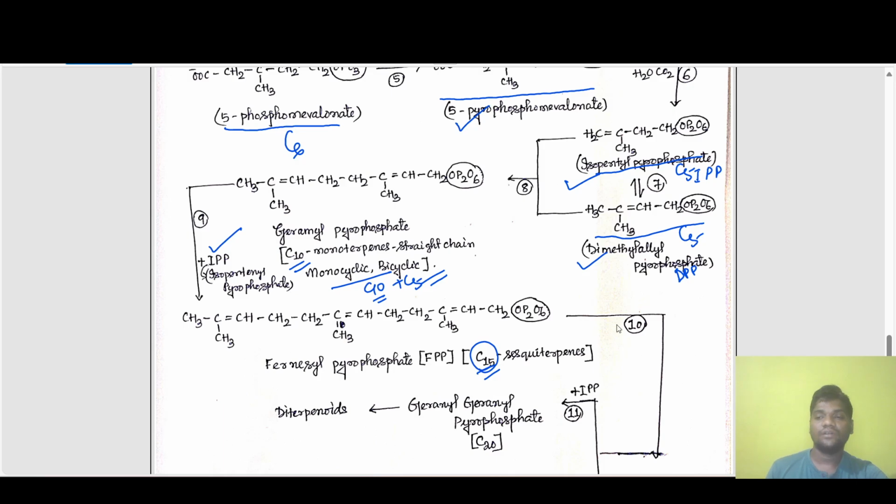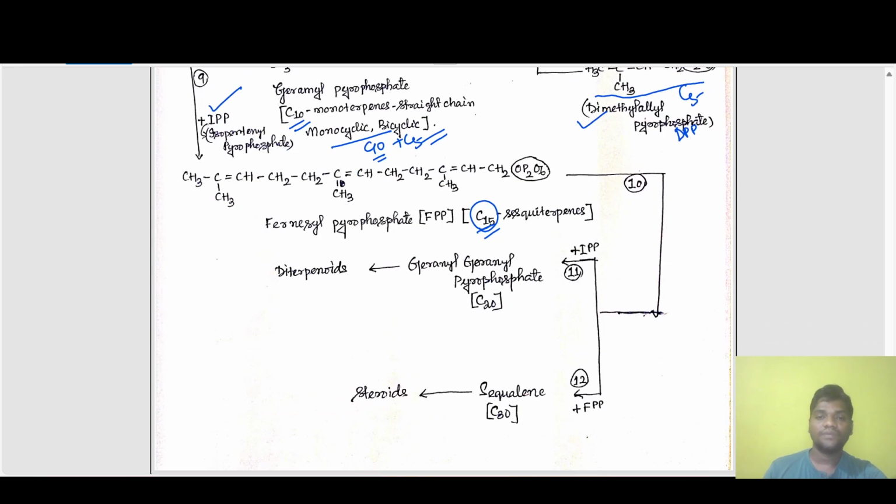In the next step, this C15 compound is called farnesyl pyrophosphate, FPP. If this combines with another IPP molecule, isopentenyl pyrophosphate, it will be converted into geranylgeranyl pyrophosphate, which is automatically converted into the diterpenoids.